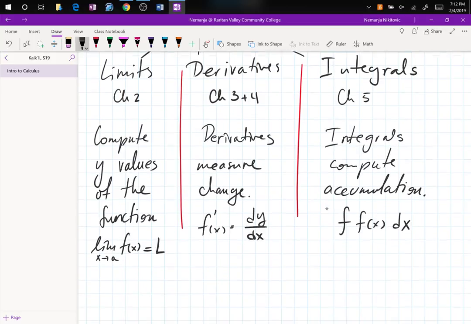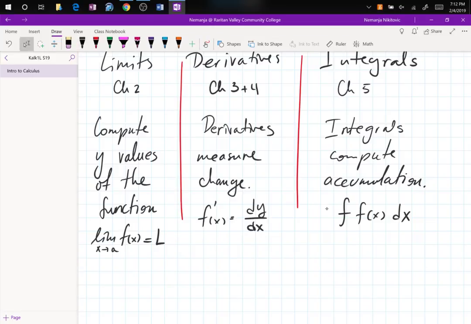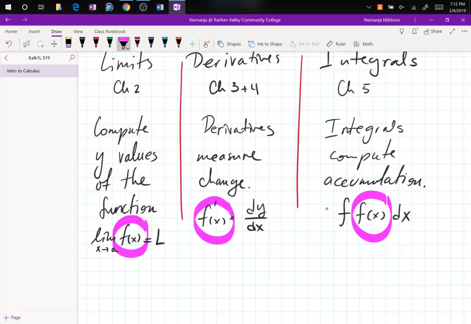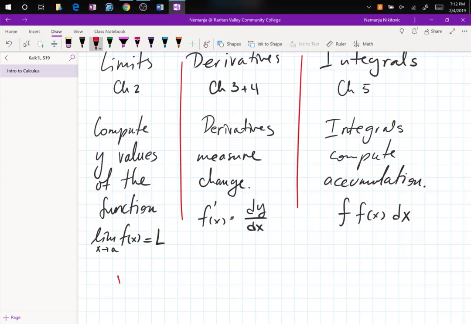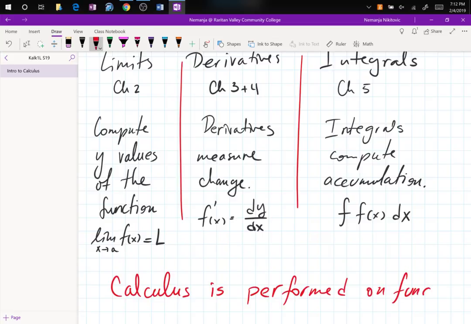Now, the most important part here is to note that each one of these has f of x present. So I'll write this over here in blood: calculus is performed on functions.